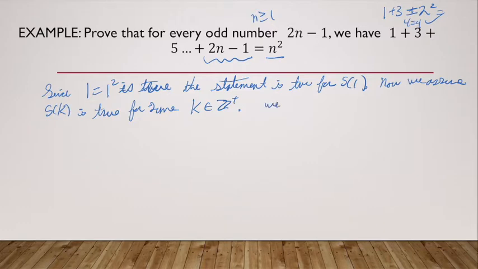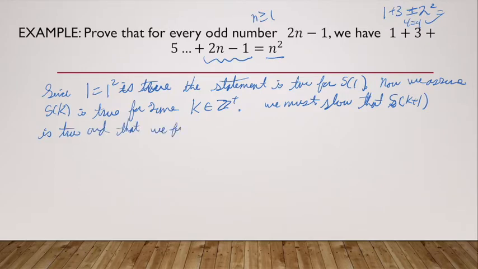We must show that S of k plus 1 is true, and that we find 1 plus 3 plus 5 plus ... 2 times k plus 1 minus 1 equals k plus 1 squared.